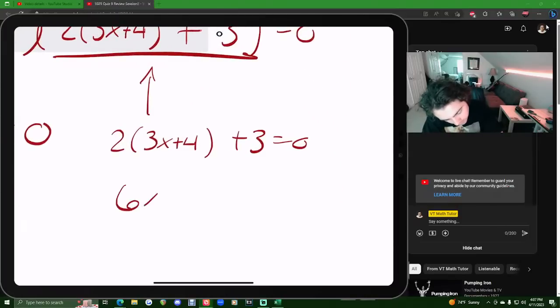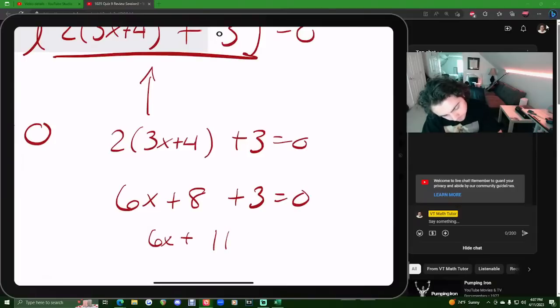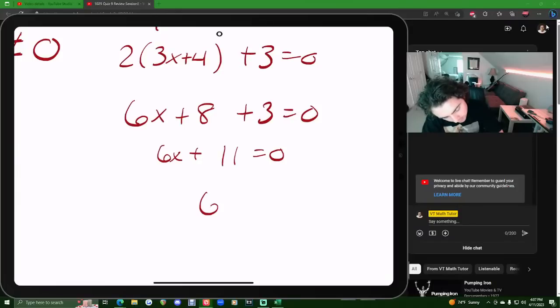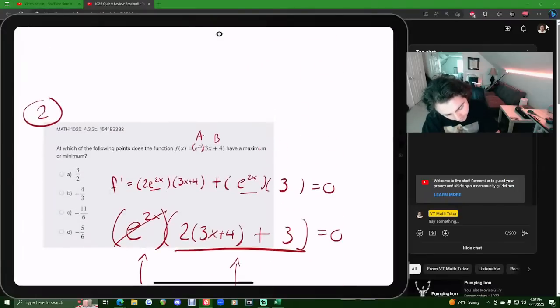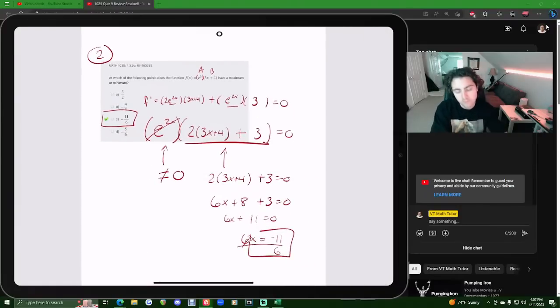So distribute: 2 times 3 is 6, and then x plus 8 plus 3 equals 0. 8 plus 3 is 11. Subtract 11. Divide by 6. We get that x is equal to negative 11 over 6. And that is our critical point. In other words, the x value for which f could have a max or a min.